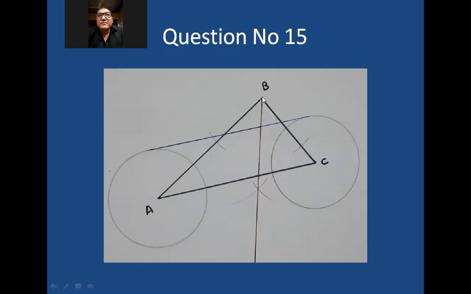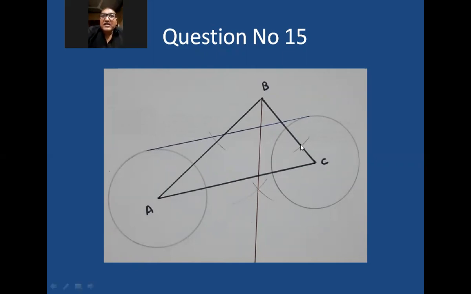So open your compass, put the needle at B, and make a mark on the AB arm, and make a mark on the BC arm. Then put the needle of the compass on the mark which you made on one arm, and draw an arc here.